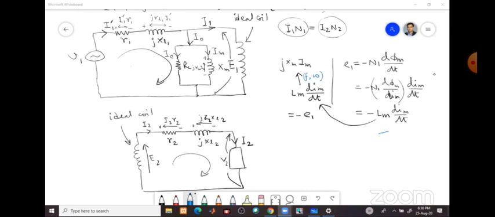Sir, it is the one which is supplying the AC voltage, and the other one is the one in which the voltage is getting induced due to the first circuit. No. I am asking what is the name of the first circuit? It is the primary circuit.